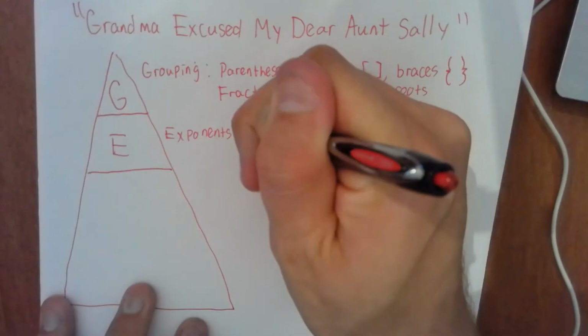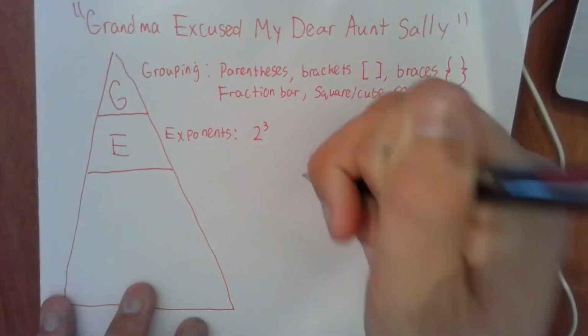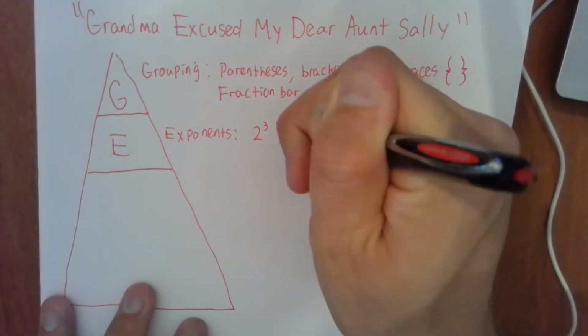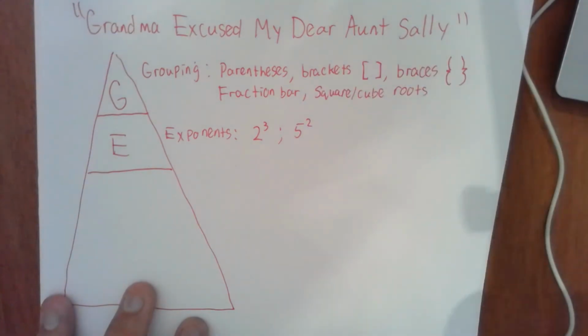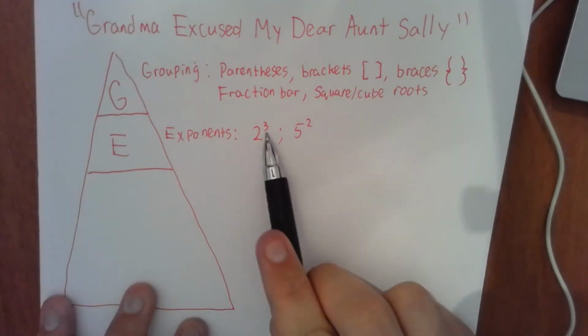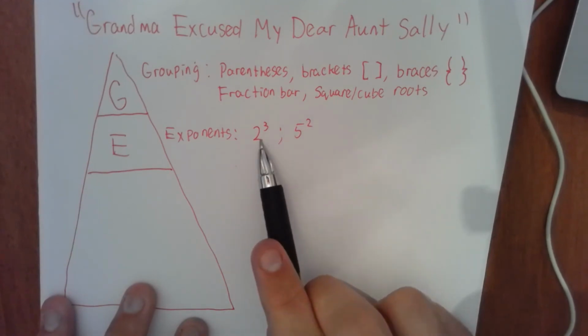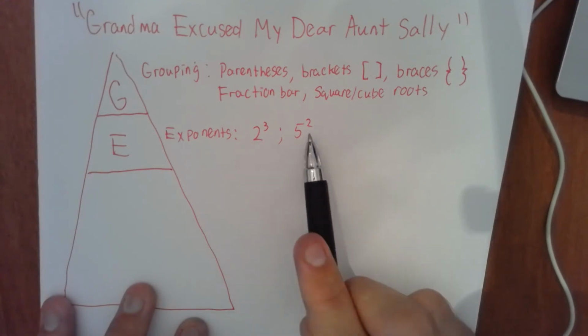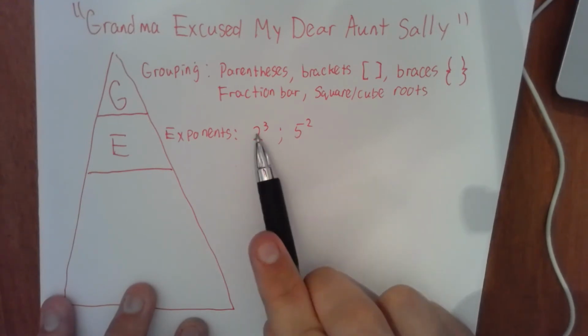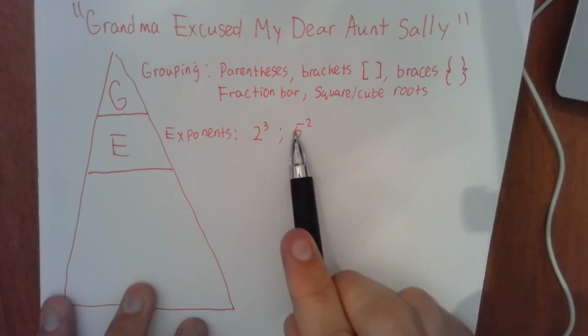Because if you have an exponent like 2 to the third or 5 squared, you have to remember that the exponent, the little number, tells you how many times to multiply the base, or the big number, by itself. Okay? So this would be 2 times 2 times 2. This one would be 5 times 5.